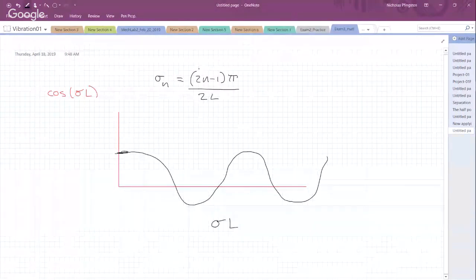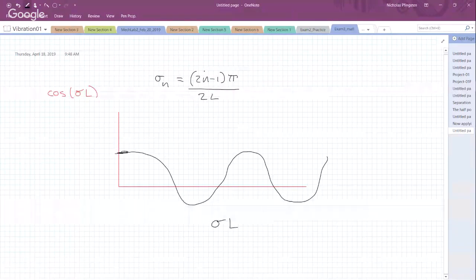The question that I had is how do we know when to use this versus pi over 2?